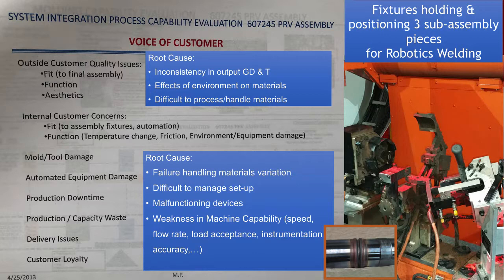Voice of customer, system integration, process capability evaluation. So sometimes you need to be aware of the current issues with automated equipment to take it seriously. How details of product and process design evaluation you have to get involved with before designing the equipment.